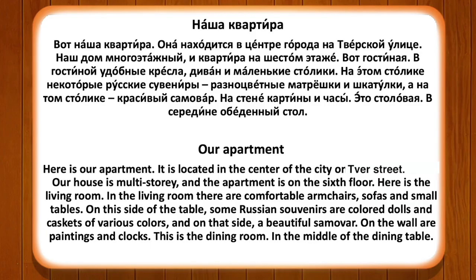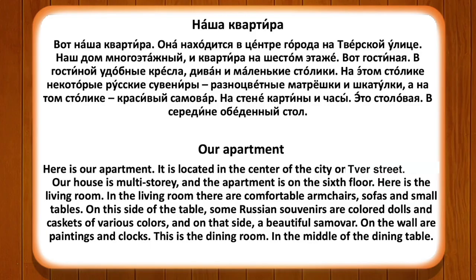Center of what? Gorod, city, changes into goroda. Centre goroda. So it is a good example of prepositional, as well as we have used the construction of genitive. Center of the city. So for calling of the city, we are changing gorod into goroda.